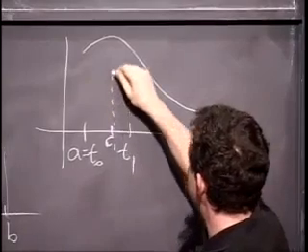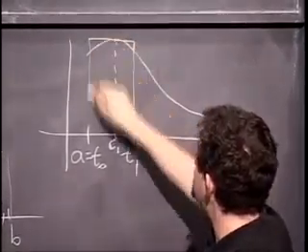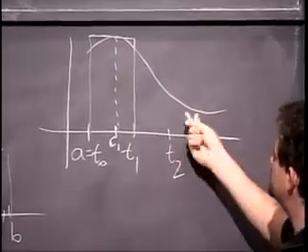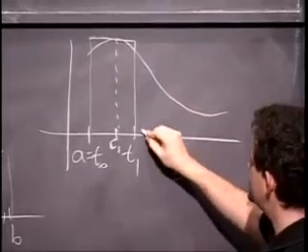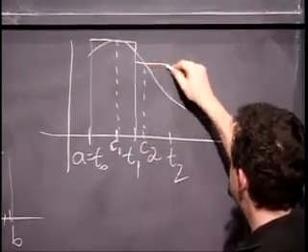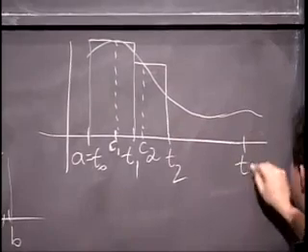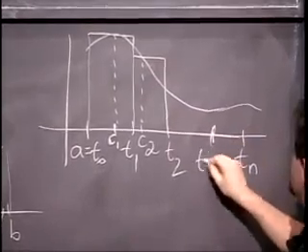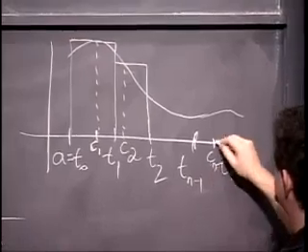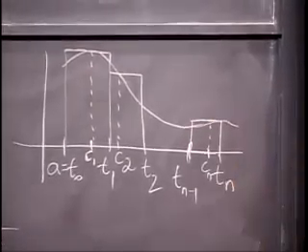Here's c1, and I pretend my speed was that for this time. What about between t1 and t2? I'll pick some number c2 and pretend that's the speed. I do this all the way up to tn, where the last speed I choose is cn.